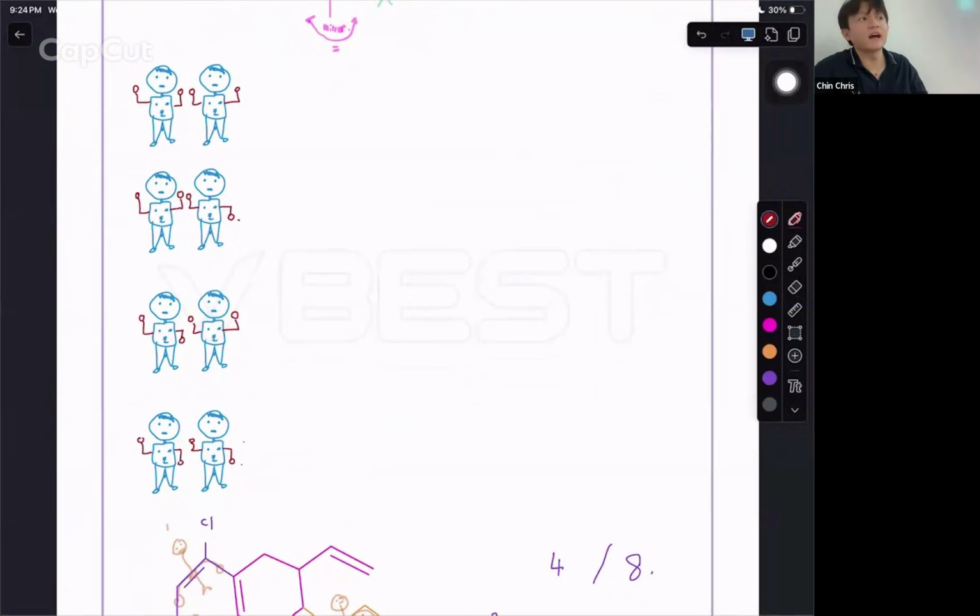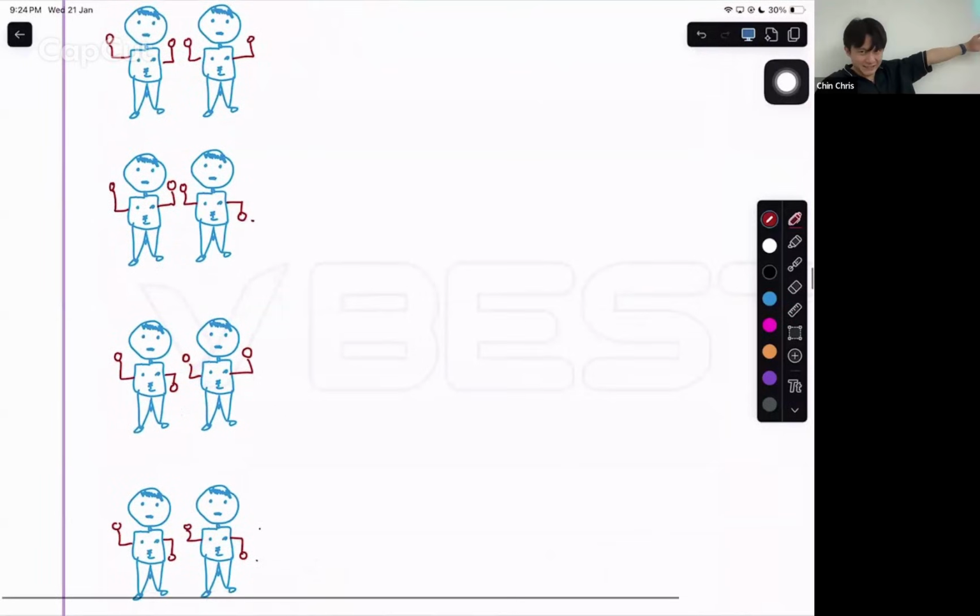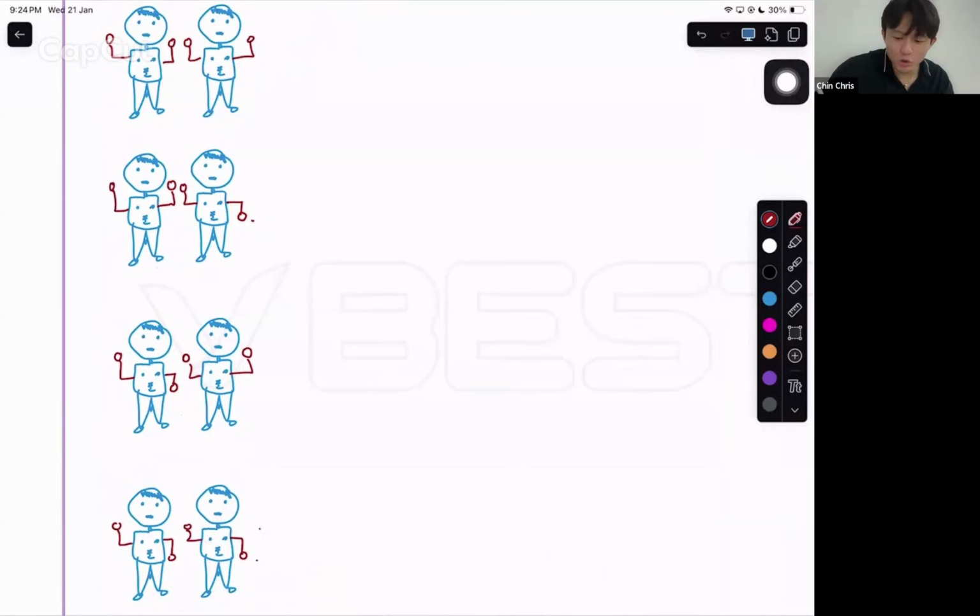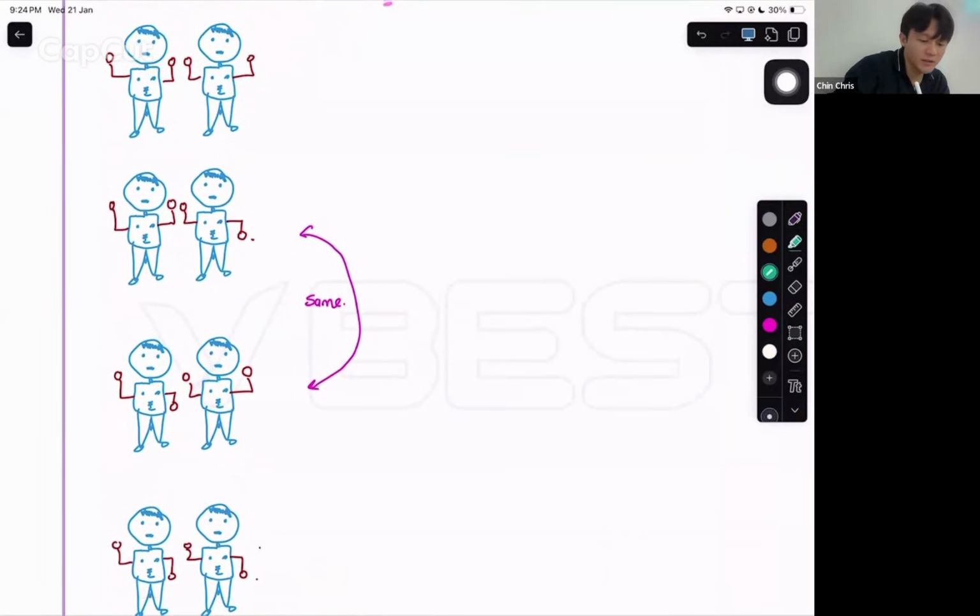Okay, so you see, basically I put Brad and Brad together. These are the dance moves that these two Brads can show me. But out of the 4, 2 are the same. So guys, these 2 are exactly the same. Why? Because if you read it this way, it's Brad cis, Brad trans.